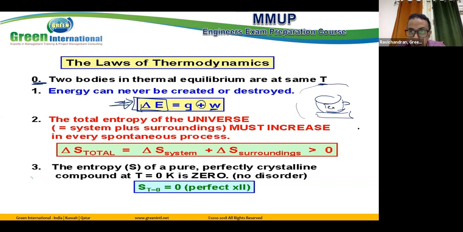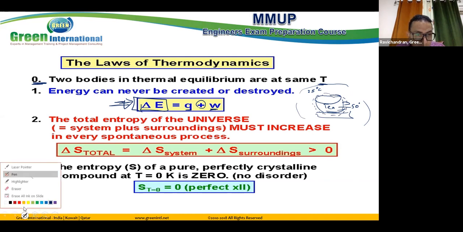And the surrounding temperature is 25 degrees C, for example, while the tea is at least 50 or 60 degrees C. If I study the tea as the system, what do you expect? The heat should go from the cup of tea into the surroundings. So the heat is going out, correct? Yes.